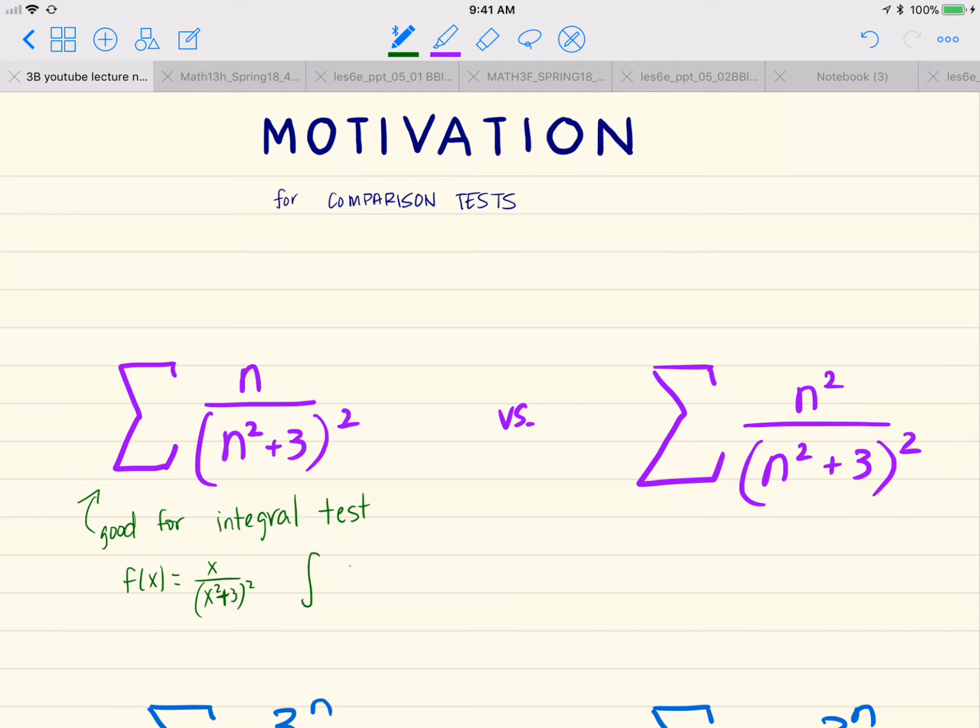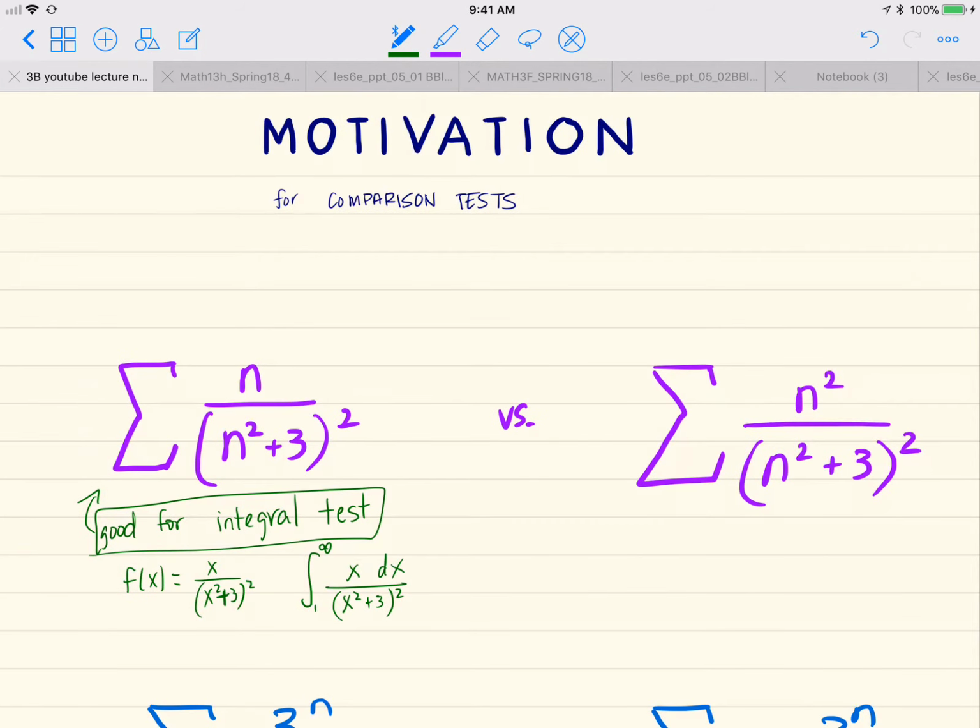We can integrate x over (x squared plus 3) squared dx from 1 to infinity, and see if it converges or diverges. So this first series is good for the integral test.